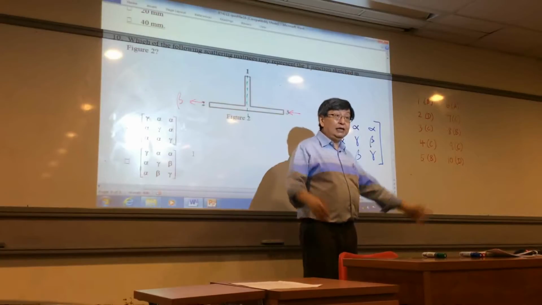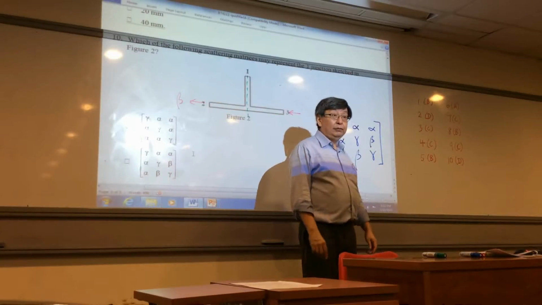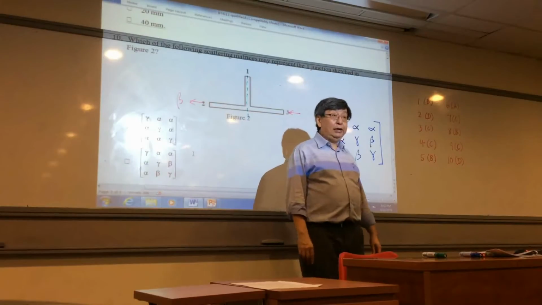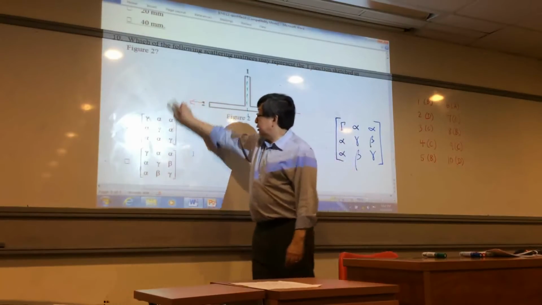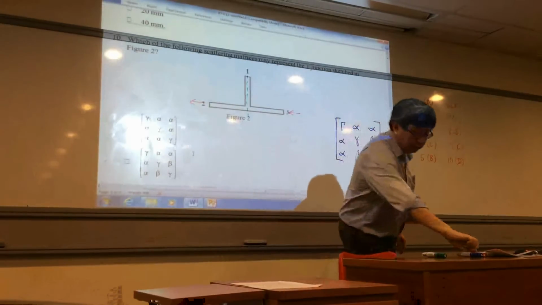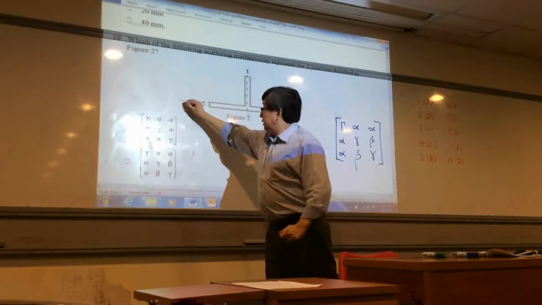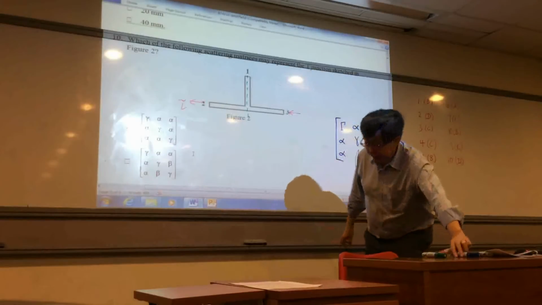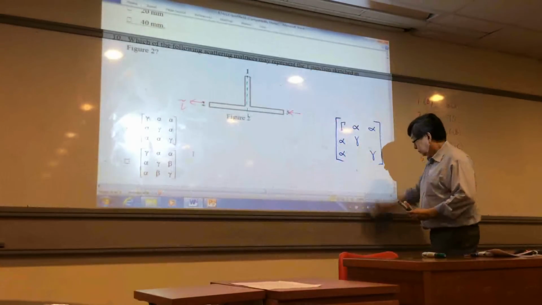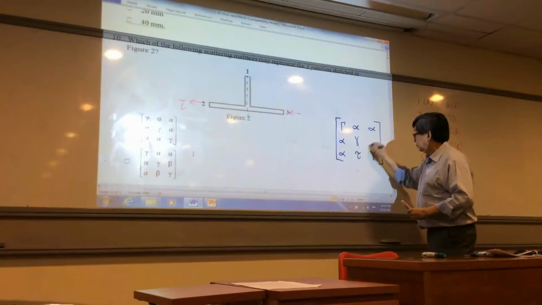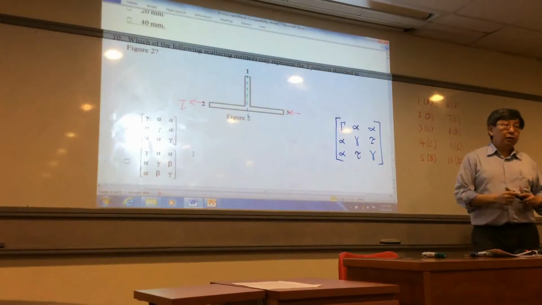That's why I give it another symbol. If you don't like the symbol beta, you can call it tau. If you call it tau, then I come over here and change it to tau.